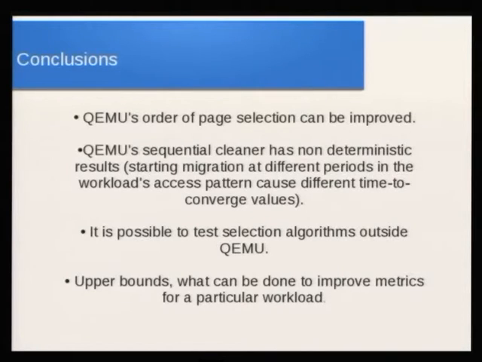And that we can test selection algorithms outside of QEMU, which makes it much simpler to simulate and test all kinds of scenarios. And also we get upper bounds on how fast migration can be, and what you can change in your workload to improve these metrics if you care about such things.